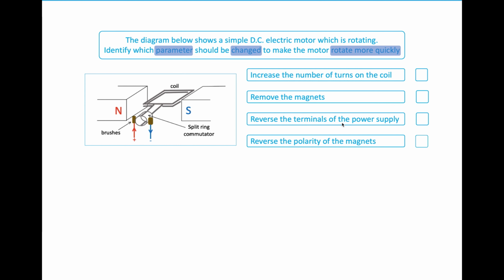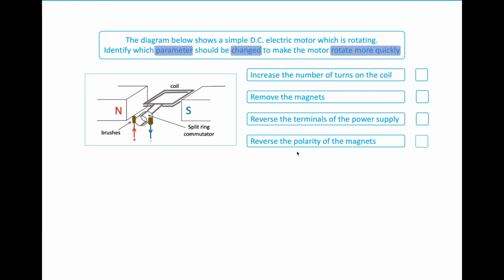Reverse the terminals of the power supply. In other words, what this choice is saying is make that one the negative, make that one the positive. I'm hoping you can intuitively see that if I change the terminals of the power supply, this is not going to speed up. It's actually just going to rotate in the opposite direction because I'm changing the direction of the current.